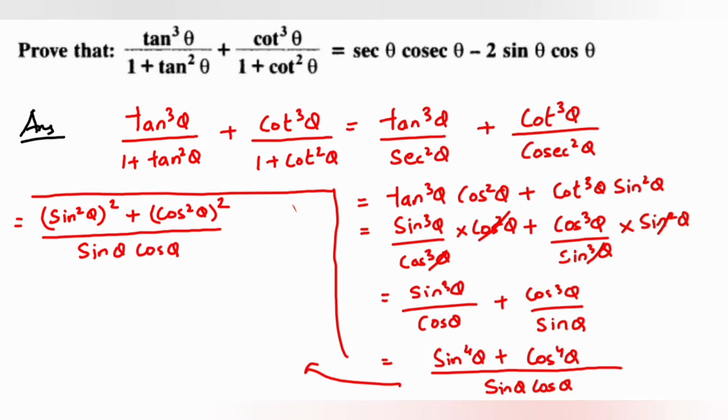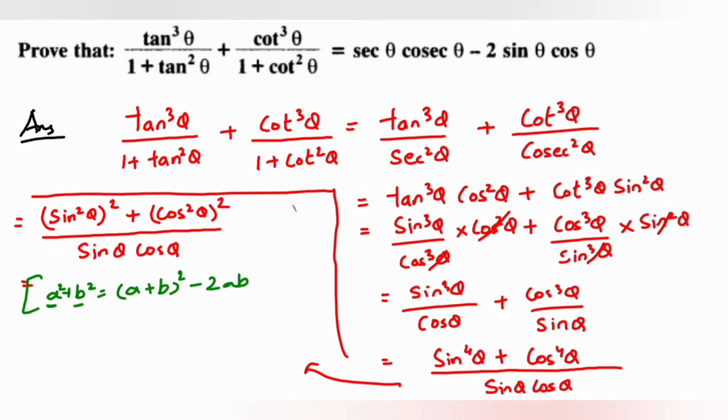Now this is like a square plus b square, so we're going to use the identity a square plus b square is equal to a plus b whole square minus 2ab, where a is sin square theta and b is cos square theta.